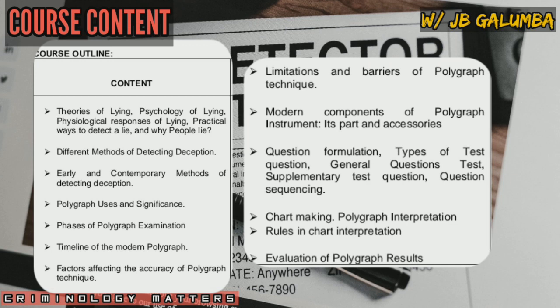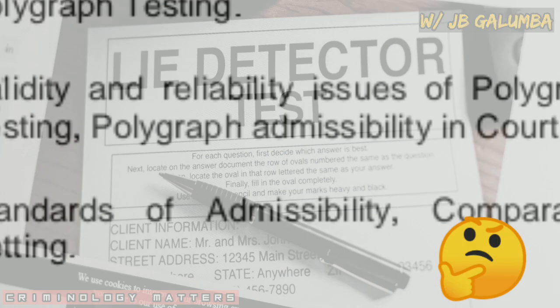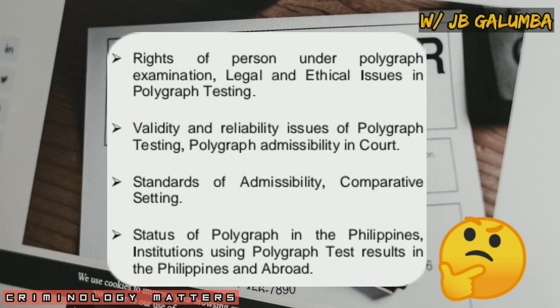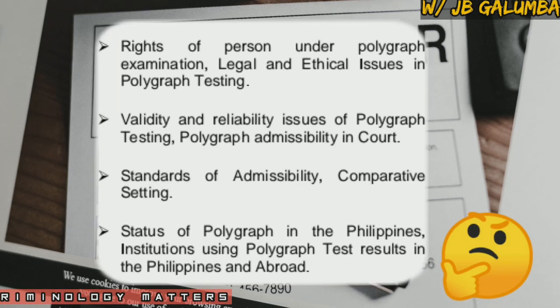Okay? Then after that, it is also important that we talk about the legal matters surrounding the conduct of polygraph examination. We have here the rights of the person under polygraph examination. You should explain that in the earlier part of the polygraph examination, because we cannot force someone to undergo polygraph examination.